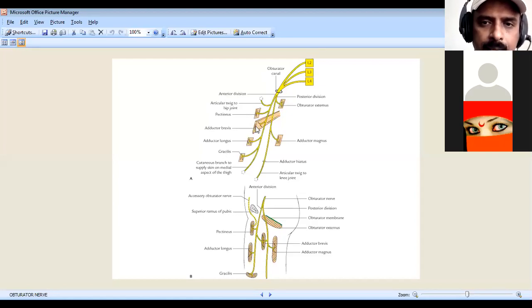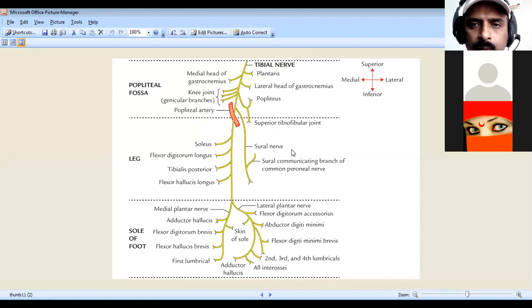So pectineus, adductor longus, adductor brevis, gracilis, and adductor magnus, and one more, obturator externus. All these will be supplied by the obturator nerve. So these two diagrams are very important when the obturator nerve is asked, because the obturator nerve is more commonly asked, that you should know.